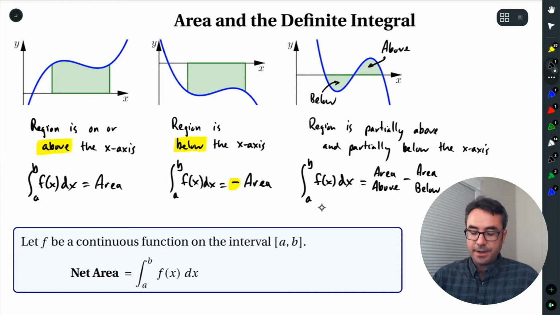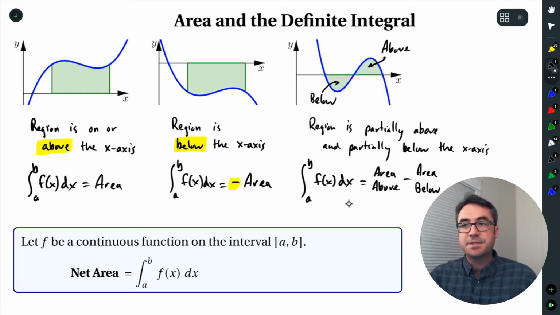So if we just have some general function and we integrate it from a to b, what this definite integral represents is the area for the section of our curve that's above the x-axis minus the area for this region that's below the x-axis. So it's the area above minus the area below. And because this type of value occurs so frequently, we give it a special name.